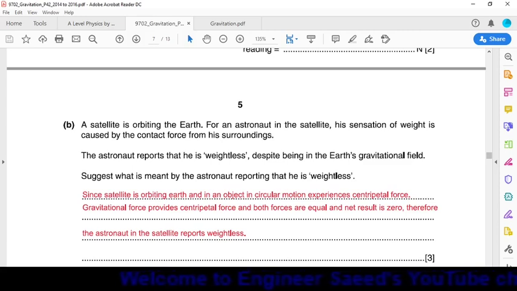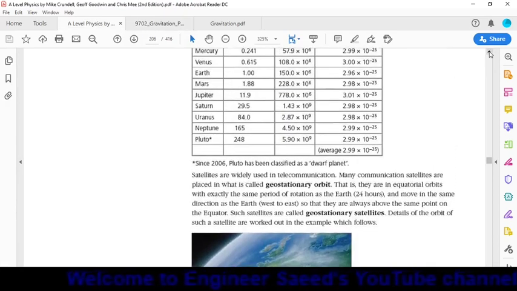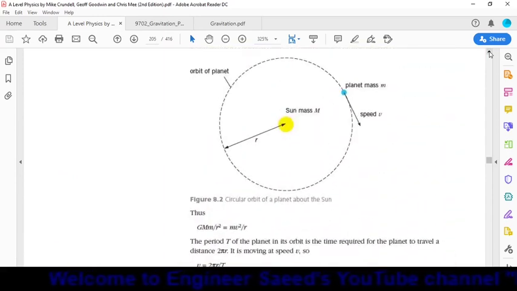We have studied that when an object is moving around another, suppose this is a planet and this is the sun, the planet moves around the sun, so there is a force between the sun and the planet called gravitational force. This gravitational force provides the centripetal force, and both forces are equal.